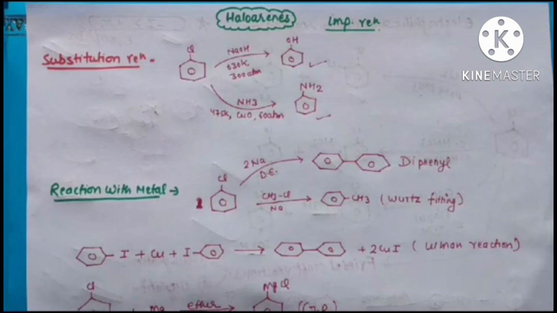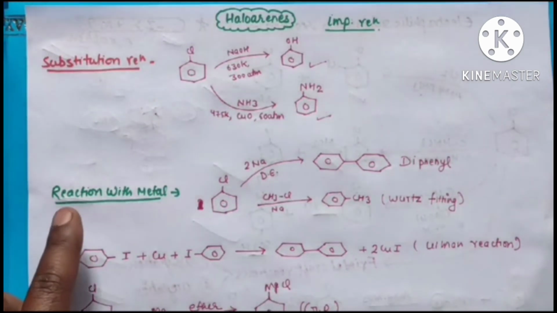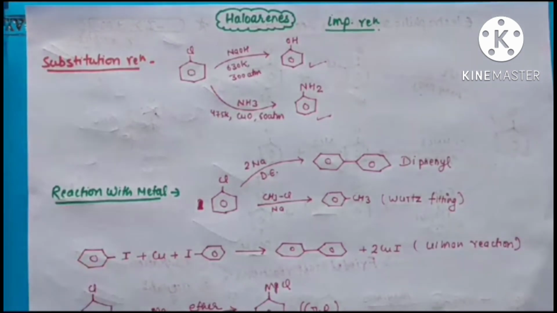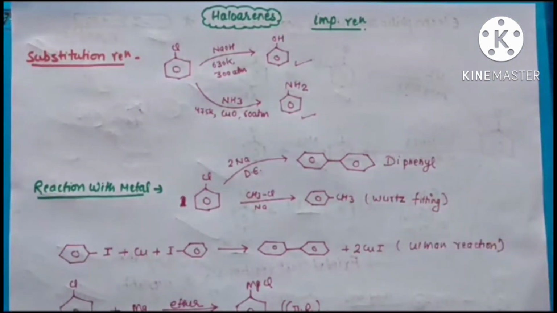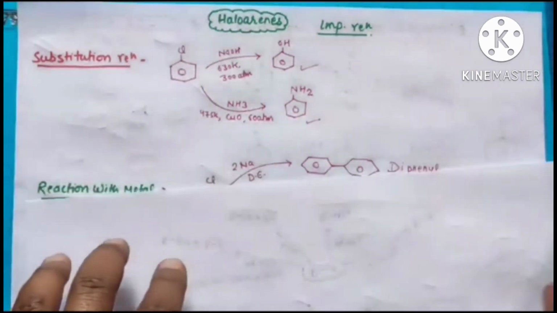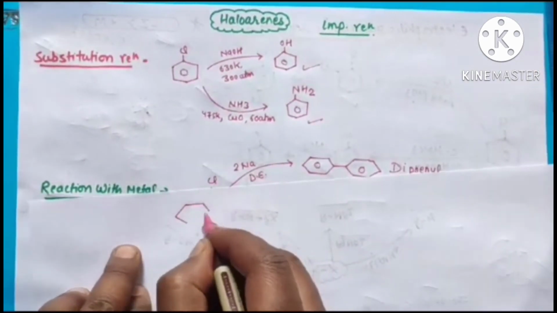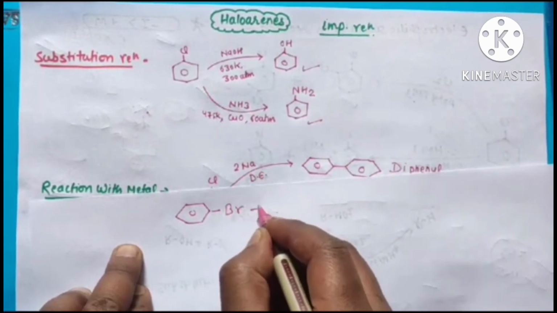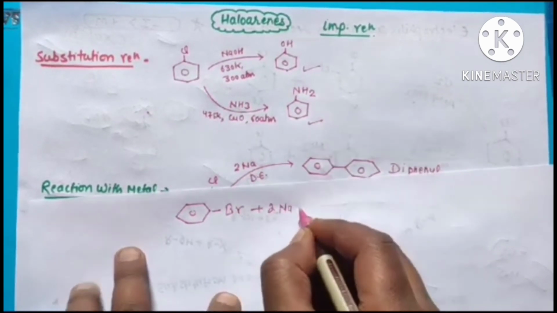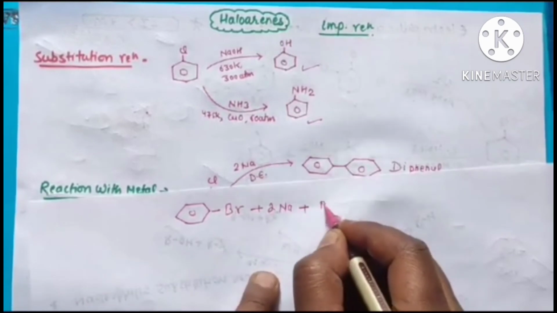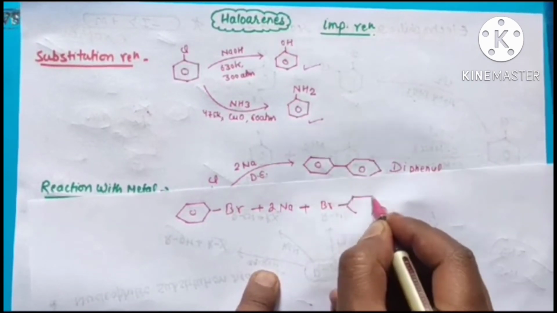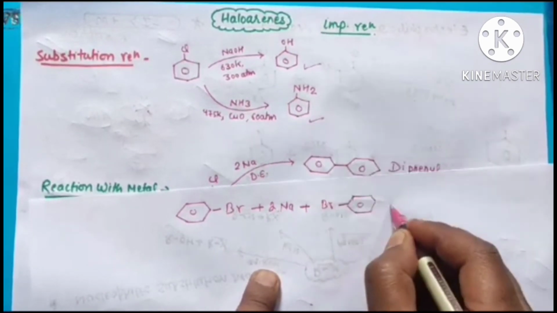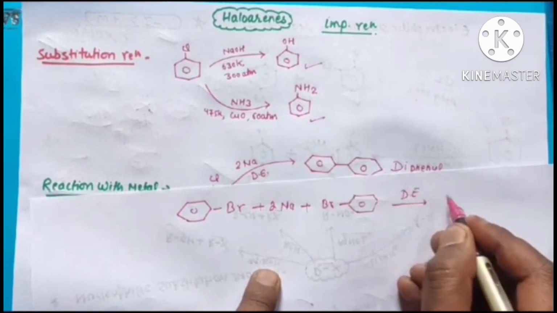one or two more important reactions. The reaction with metal, first I have written here, so I'm going to explain it to you in the simple way. For example, okay student, this is bromobenzene. If I'm going to react it with 2 molecules of sodium plus 1 more molecule of bromobenzene, in presence of dry ether, so what will be the product?